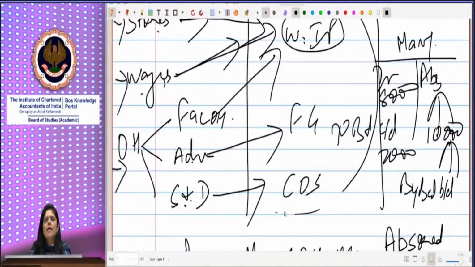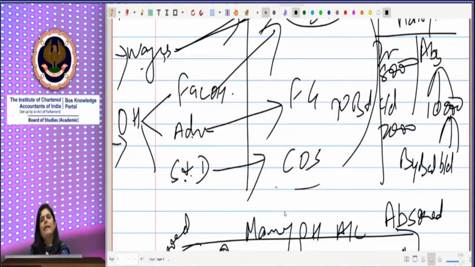In the trial balance, it will show on the credit side. So credit balance of an overhead account means over absorption. Debit balance of an overhead account means under absorption. Clear? So credit balance always means over absorption, and debit balance means under absorption if we talk about overheads.